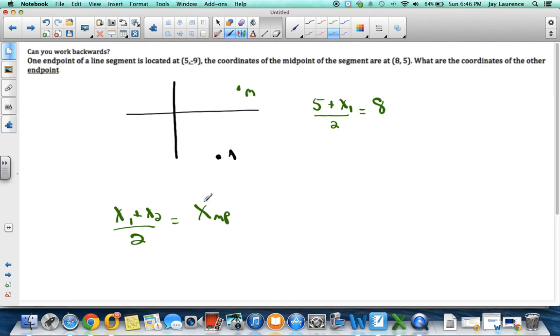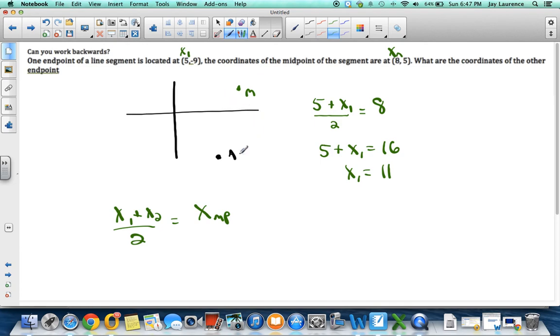All I did is plug in what I know. I know that x sub 1 is 5, and I know that 8 is the x midpoint. So I'm going to multiply by 2 on both sides and get 5 plus x sub 1 equals 16, and x sub 1 is going to equal 11.